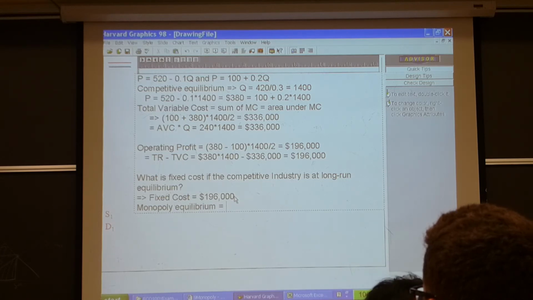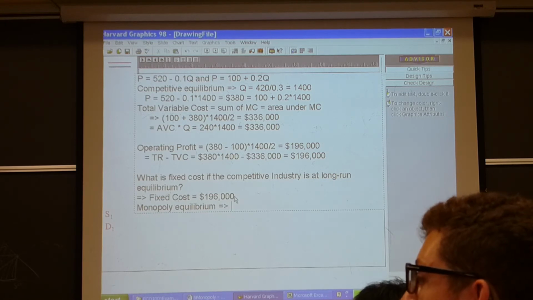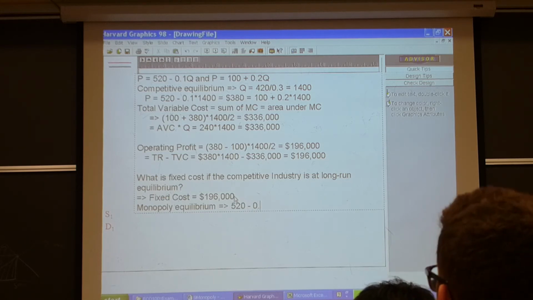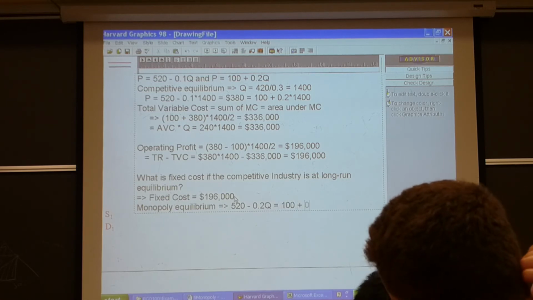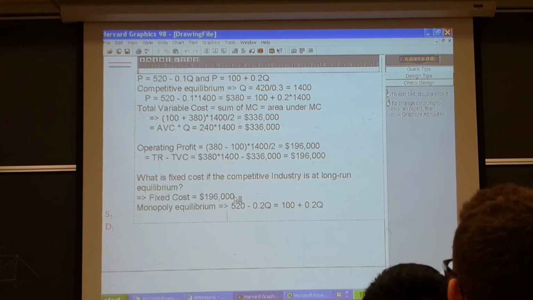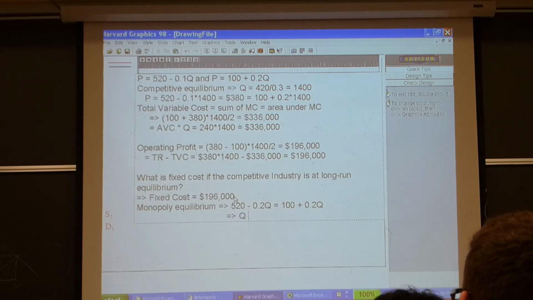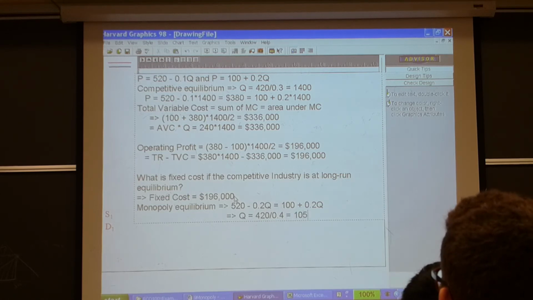MR equals MC implies we're going to have 520 minus 0.2Q equal to 100 plus 0.2Q, which implies Q equals 420 divided by 0.4, which is 1,050, exactly.